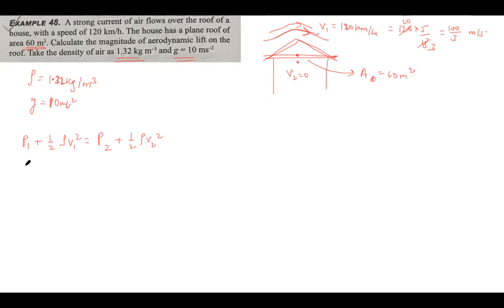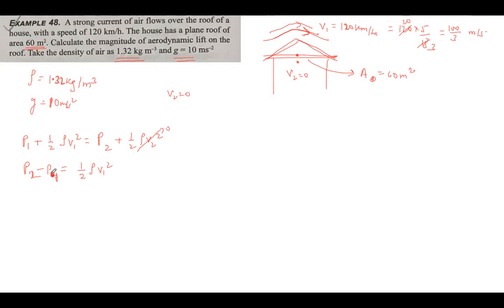So P2 minus P1 is equal to half rho V1 square, because V2 is equal to 0 and that term becomes 0.